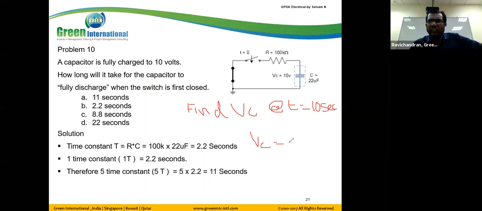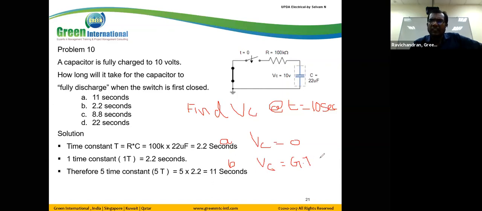Option A: Vc is equal to 0. Option B: Vc is greater than 10 volts. Option C: Vc is less than 10 volts and greater than 0 volts.